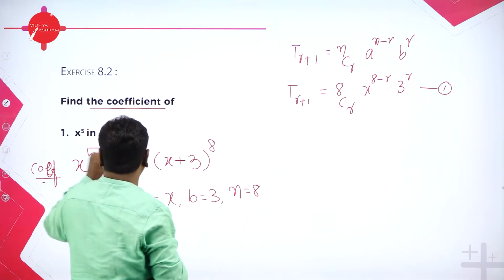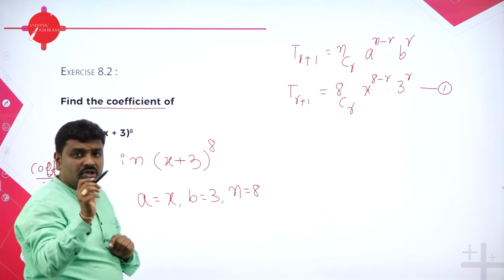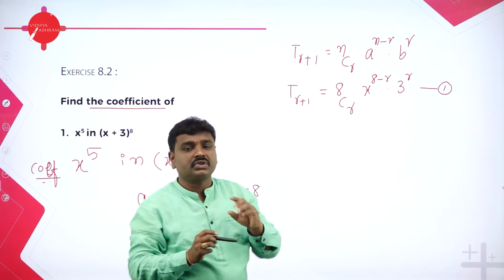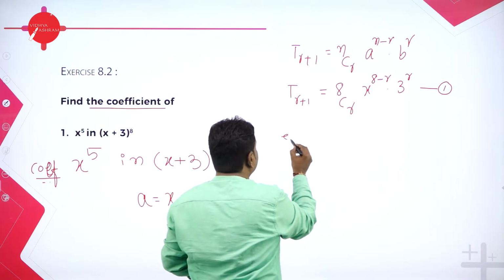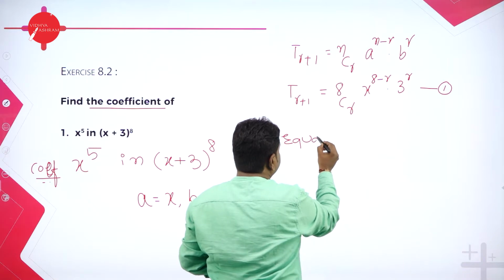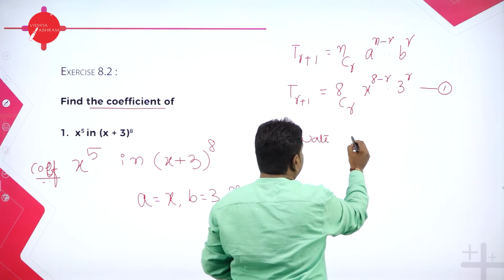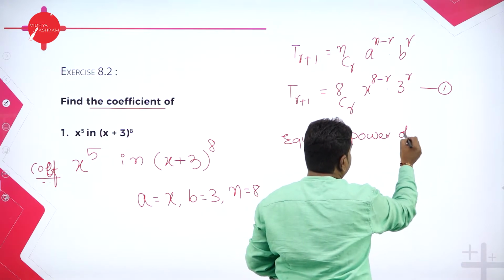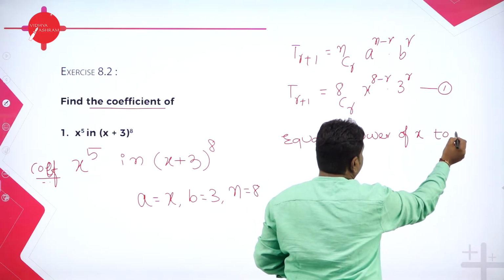Now, they want the coefficient of what? x power 5. So that's why we equate the power of x to 5.